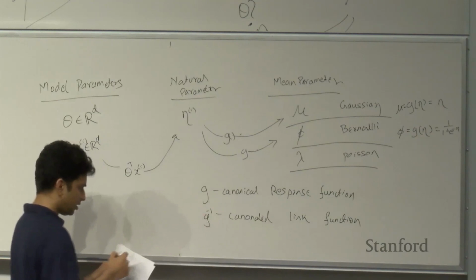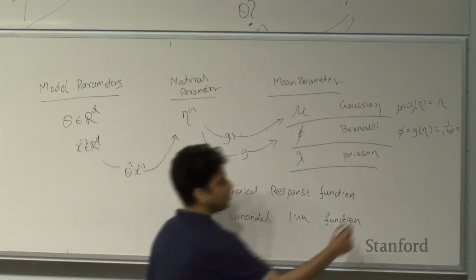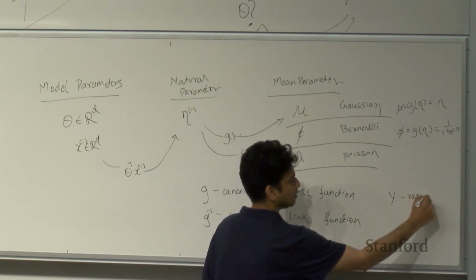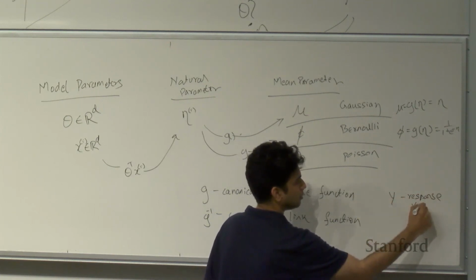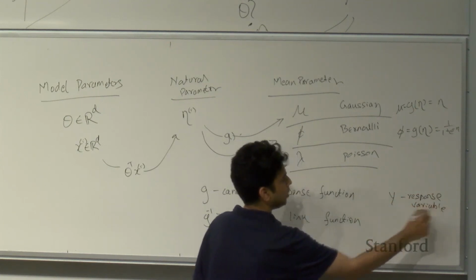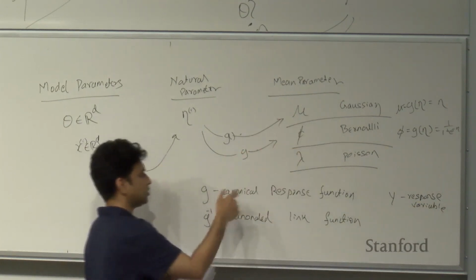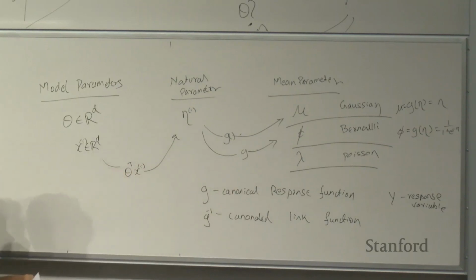It's called the canonical response function because y is also sometimes called the response variable. And so it is taking you from etas to the mean of your y. So it's also called the canonical response function, and the canonical link function is basically the inverse of it.